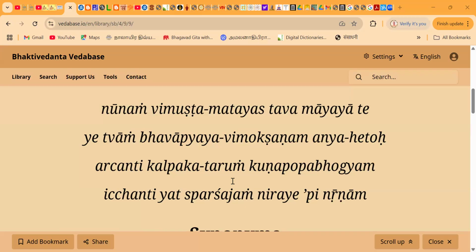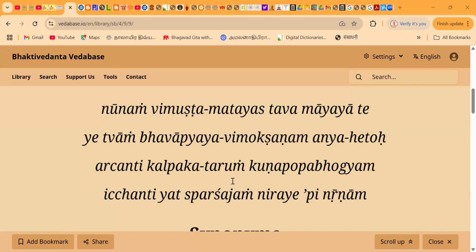So those people who worship Krishna, who can award liberation from the cycle of birth and death, but instead of worshipping Krishna for liberation, worship Krishna for some insignificant results.